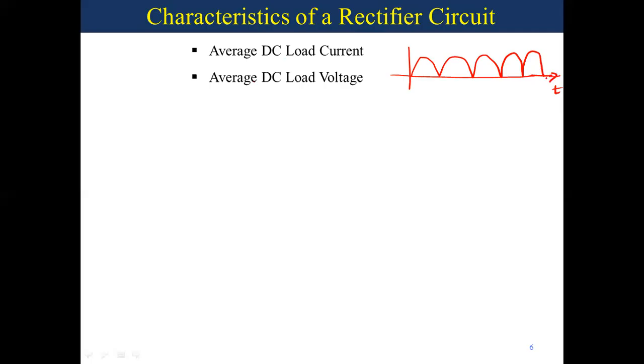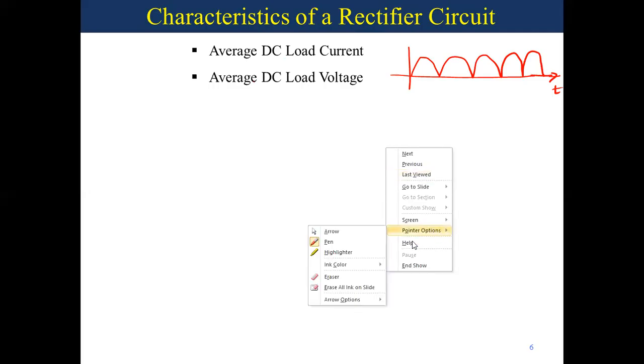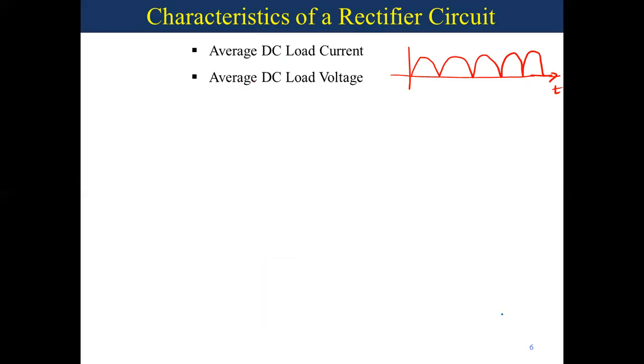So we need to calculate the average load voltage and average load current, I average, for these circuits. Likewise, you need to calculate them for the output of the rectifier.